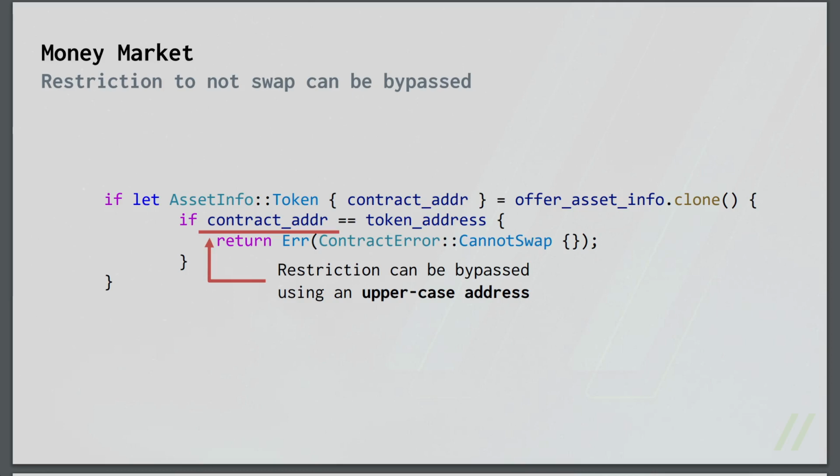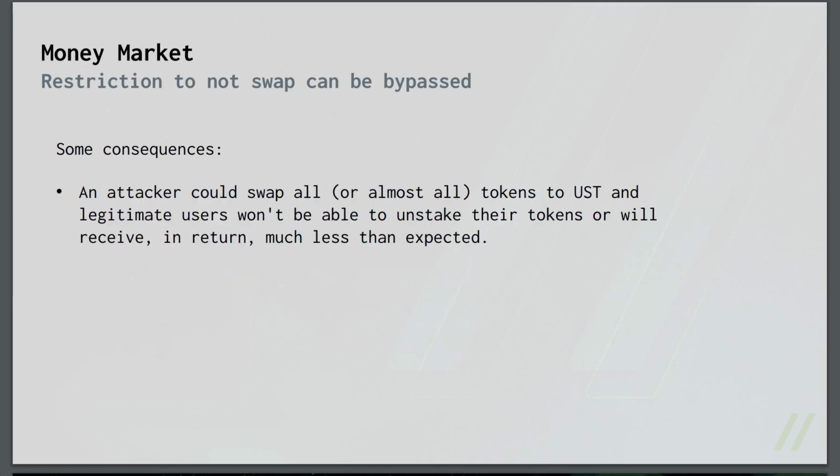And so you can bypass this restriction by using an uppercase version of the address. Consequences: an attacker can swap all or almost all tokens, and legitimate users won't be able to unstake their tokens, or will receive in return much less than expected.